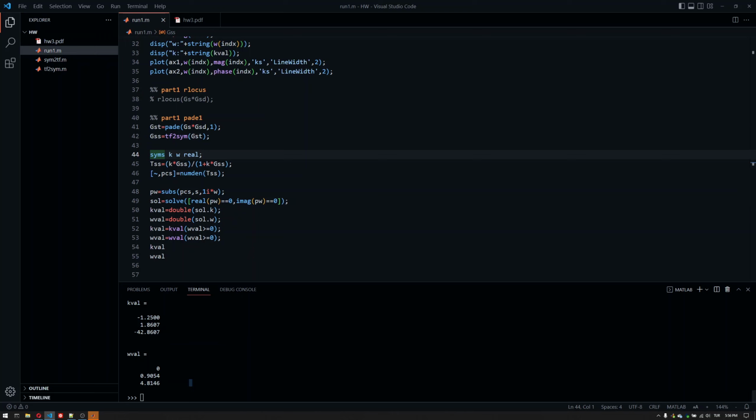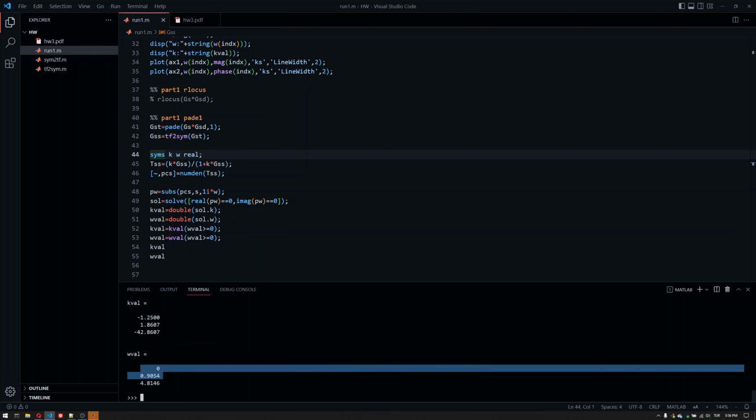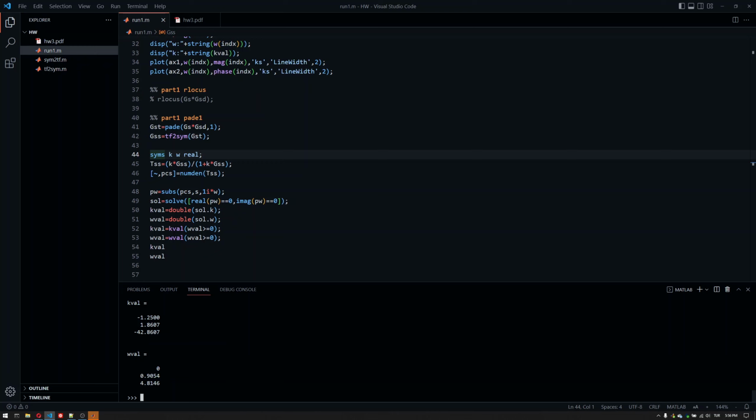Of course, it seems like minus 42 is not going to cut it, so I'm going to take this one here, which means that I can sort based on the omega val and take the first two elements out of it, because 0 crossing and 0.9 crossing will be important, because 4.81 crossing is way after that, so I'm not really interested in that.